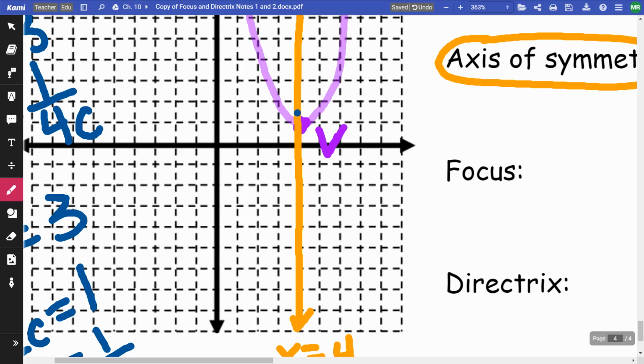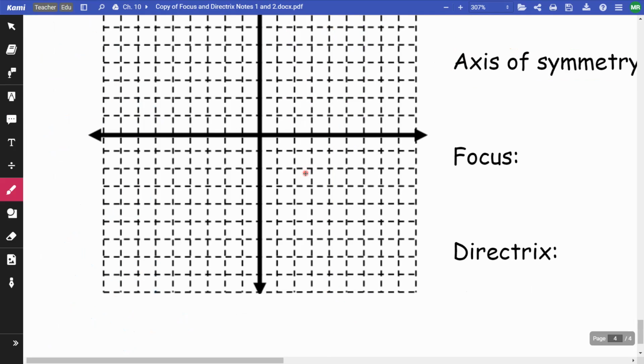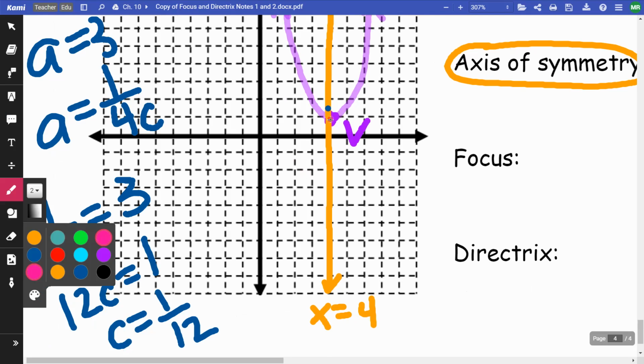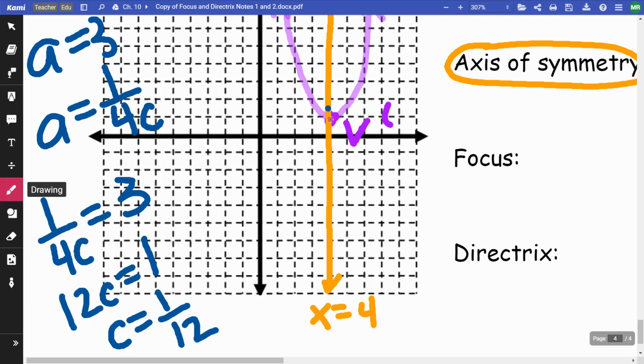What would the coordinates be? Since this C is 1/12, and I'm going 1/12 above this point, let me just jot it down here. That point was (4, 1).